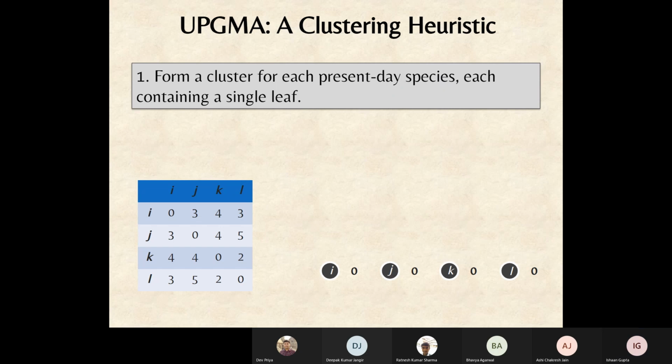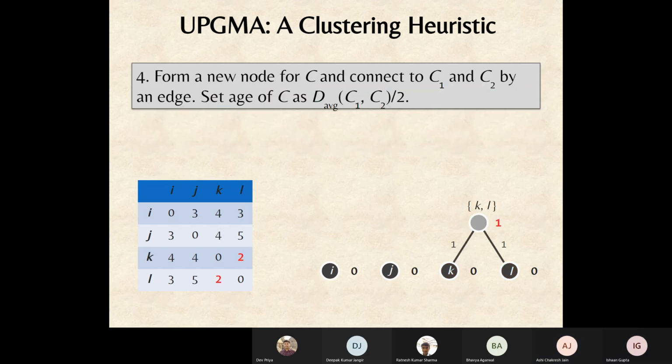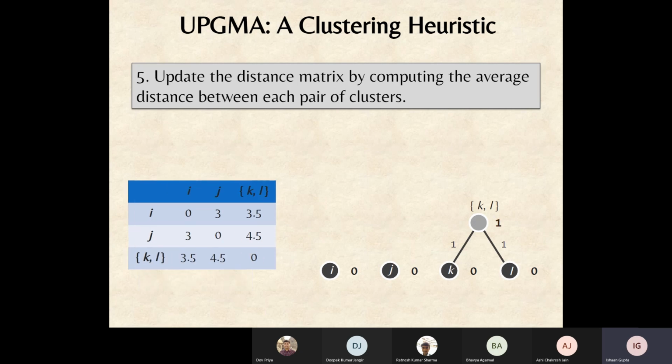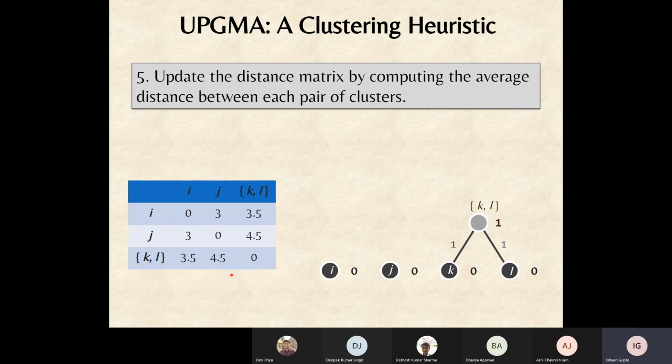This method? Yes, sir. You combine this, you get this. For going from this matrix to this matrix, this is clear. So I and J are unaffected, but for K and L, you take the average of this, so it becomes 3.5, 4.5. And these two things are just merged, so you don't have to worry about them.